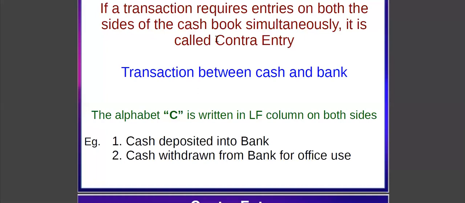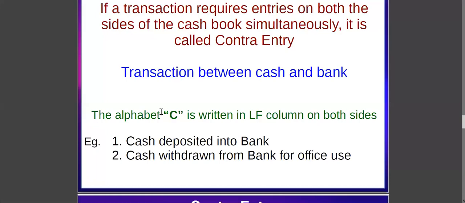So this is called contra entry. One entry will affect both sides. It is a transaction between cash and bank. The alphabet C is written in the ledger folio column on both sides. This is the symbol of contra entry.